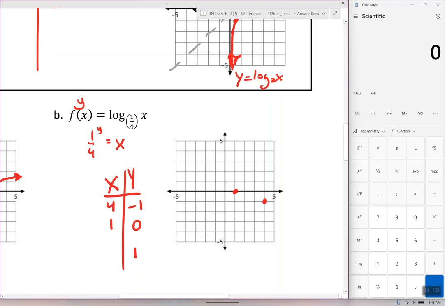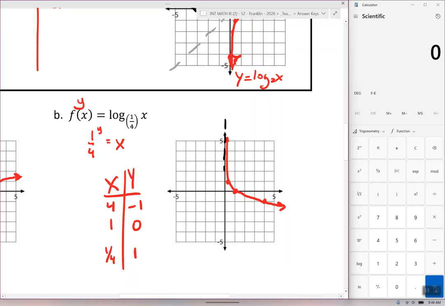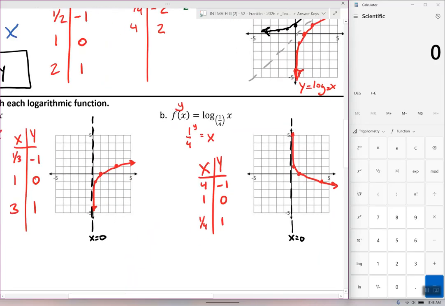And 1 for y gives us 1/4. So now our graph is going this way. So with a fraction base, I'm going up, but the asymptote is still the same. Still x equals 0, but my direction is sort of flip-flopped.